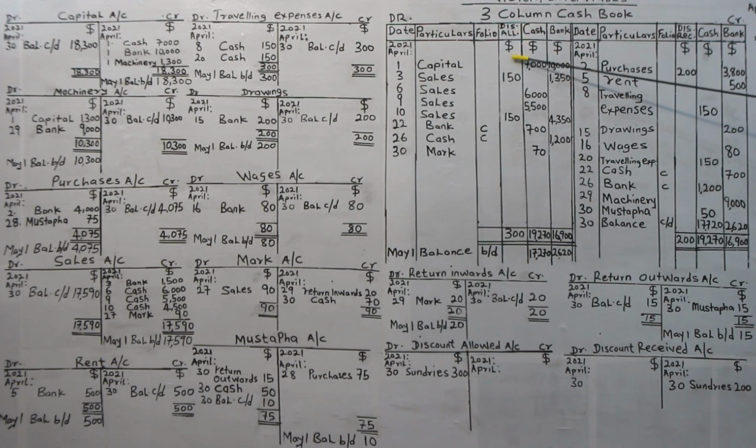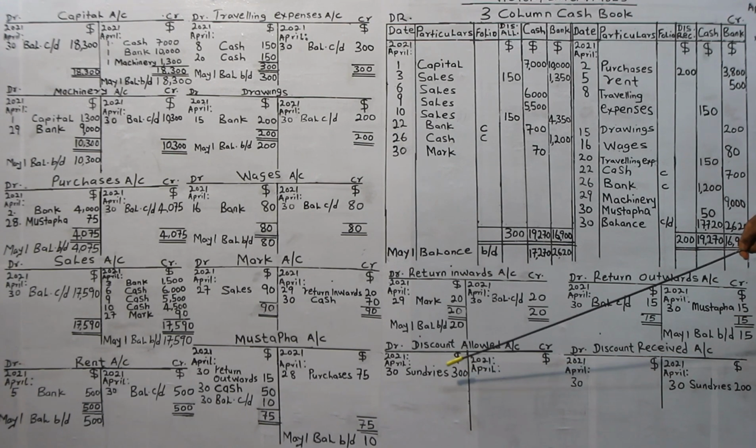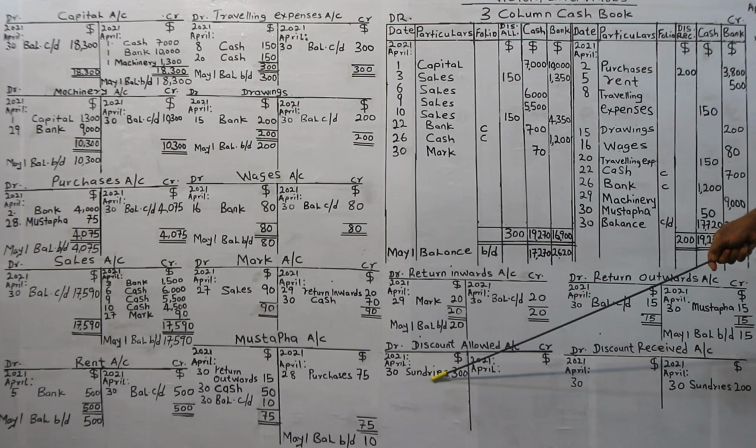So what do we do? We pick the $150 discount allowed plus this $150 discount allowed, which gives $300 total of discount allowed, and take it to the debit side of the discount allowed account. And we call it sundries.